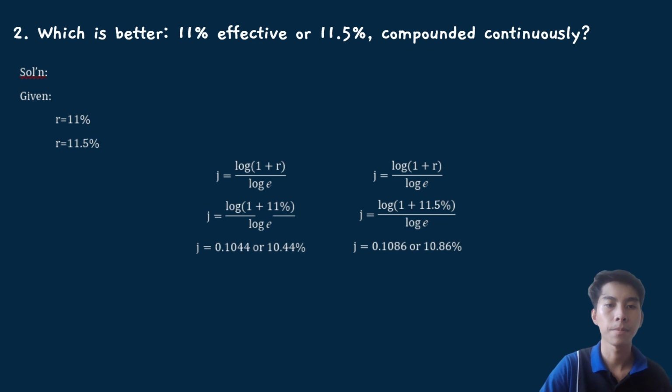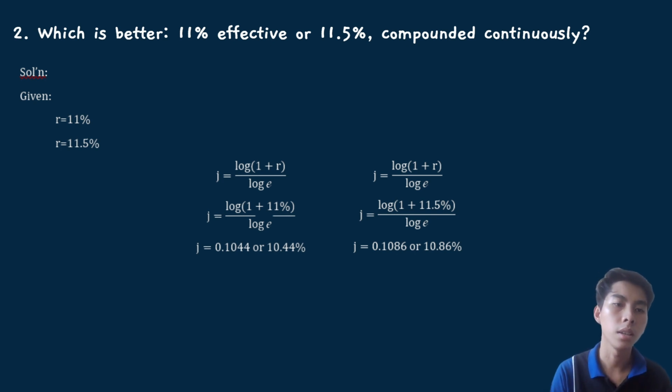So we solve for the second one. J equals log of 1 plus the second given, 11.5% effective rate, all over log of E, which results in 0.1086 or 10.86%.